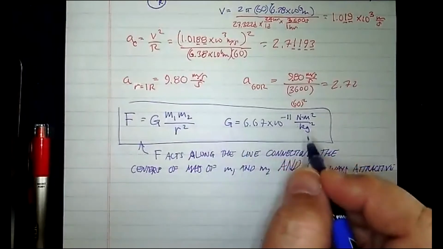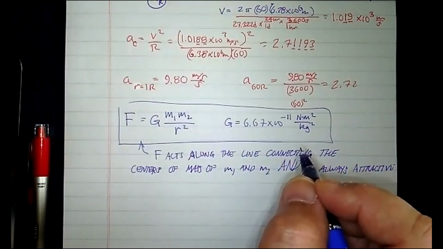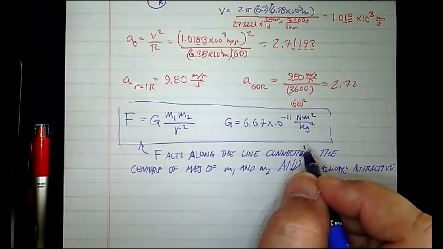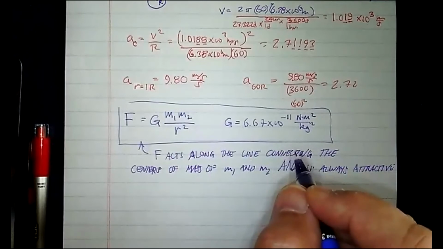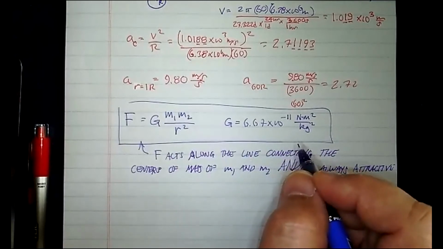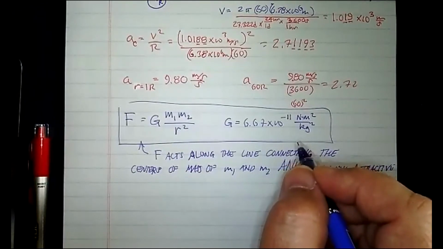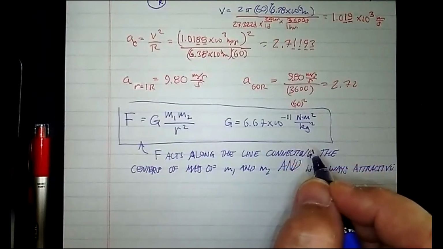So if I double the distance apart, I actually reduce the force by a factor of 4. If I triple the distance apart, I'll reduce the force by a factor of 9, so on and so forth. If I double one of the masses, I'll double the force. If I triple one of the masses, I'll triple the force. If I double one of the masses and triple the other mass, then I'll sextuple the force. Does that make sense?